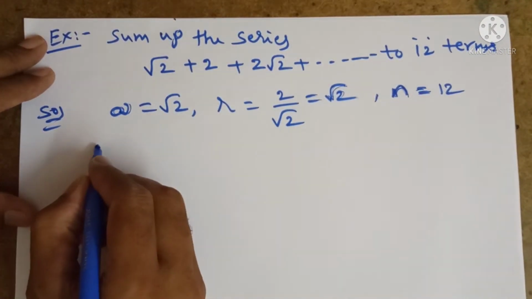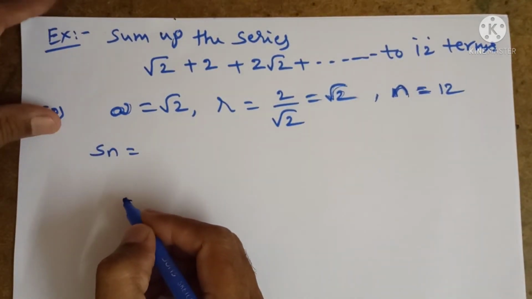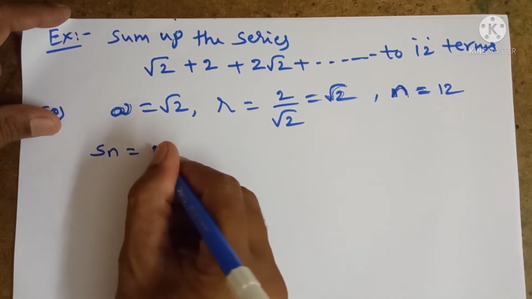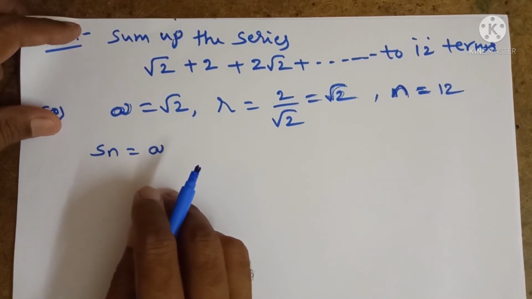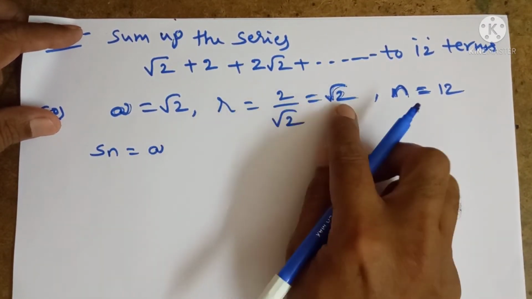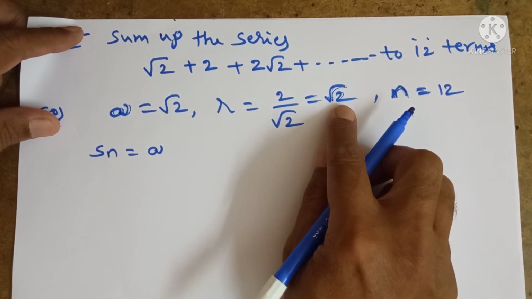Now Sn is equal to a into, there are two formulas. It depends on r. R is root 2, which is greater than 1.